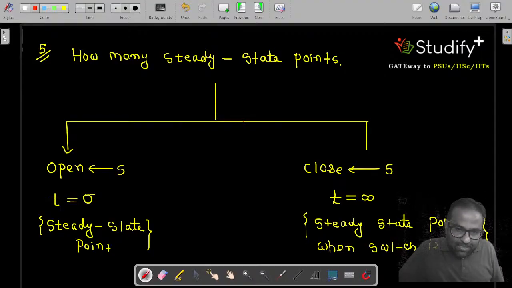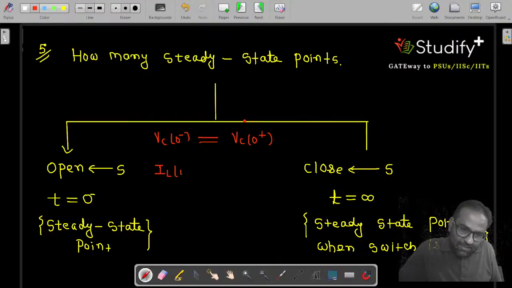You can copy the data from t0 minus to t0 plus. In case of a capacitor, you can call the voltage Vc0 minus as Vc0 plus, and in case of an inductor, IL0 minus can be copied as IL0 plus.